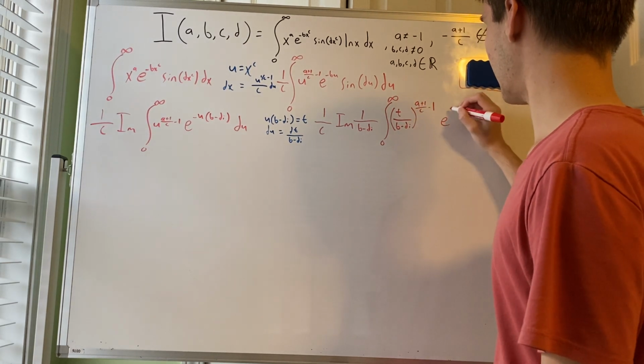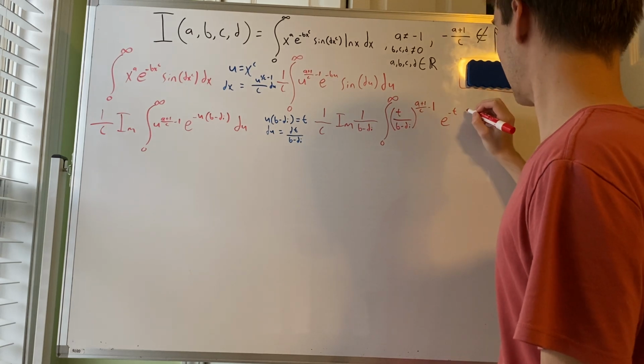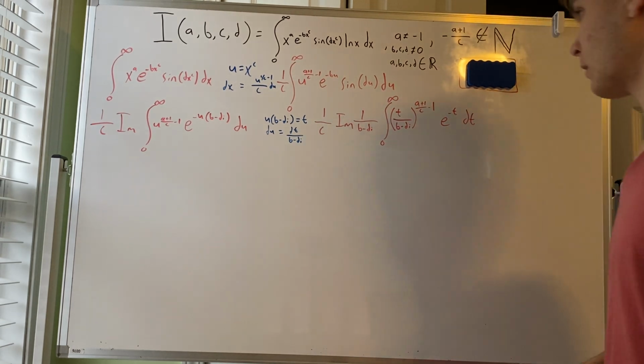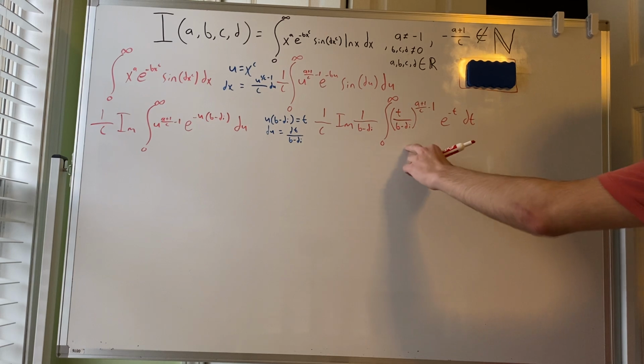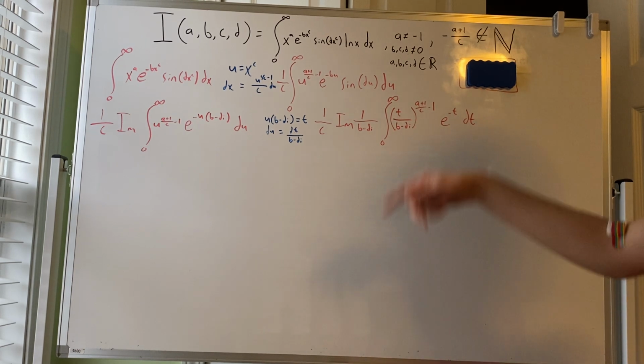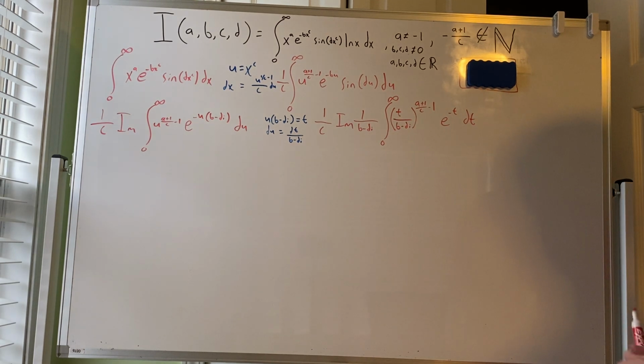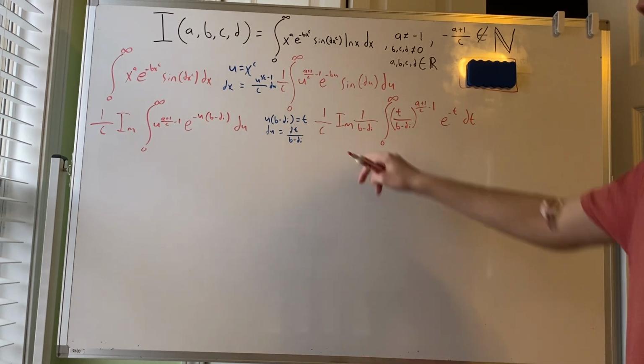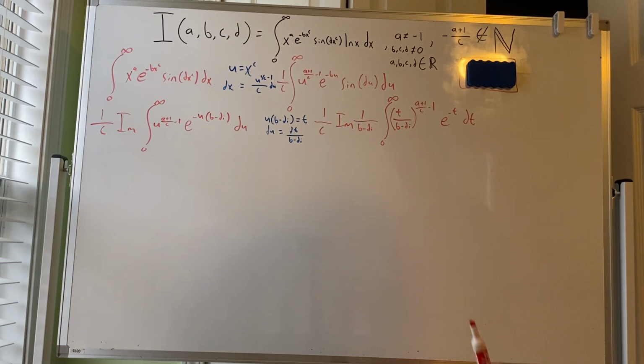And then we have e to the minus t dt. Now this b minus di to this whatever, we're going to be able to just pull out. So it's in the denominator. And fortunately, our other term is in the denominator too, so we'll keep it that way for now.